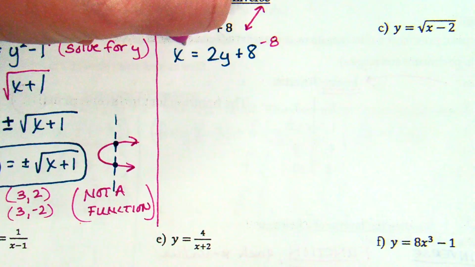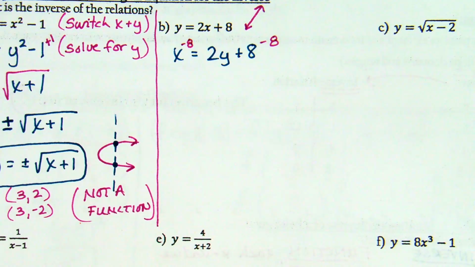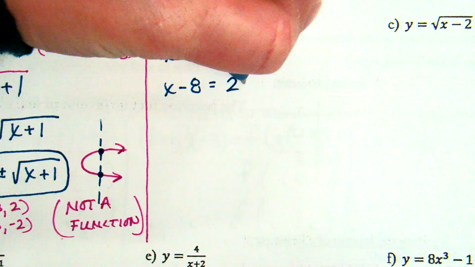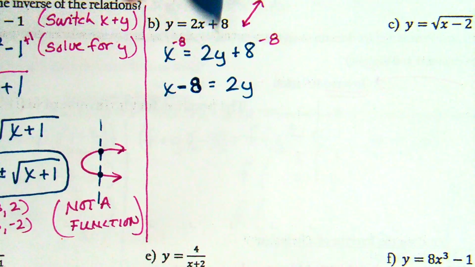If I subtract 8 on one side, subtract 8 on the other side. So, what is x minus 8? X minus 8. On the other side, we have 2y, and then the 8 minus 8 cancel. So I have 2y equals x minus 8.